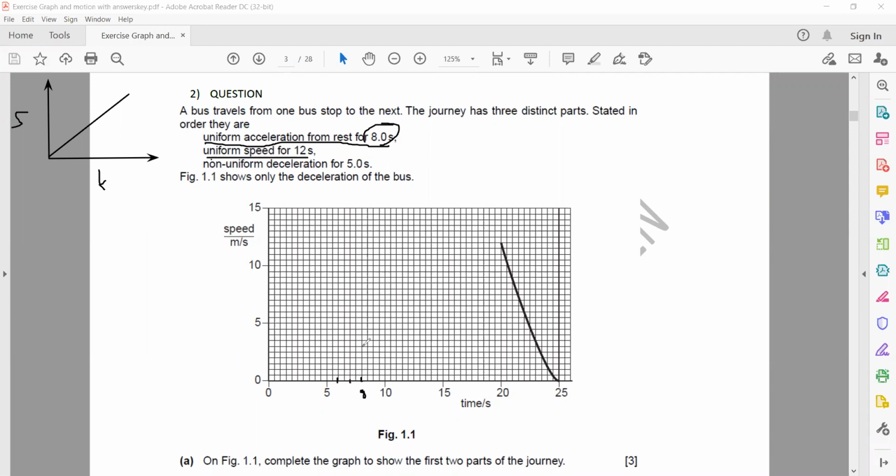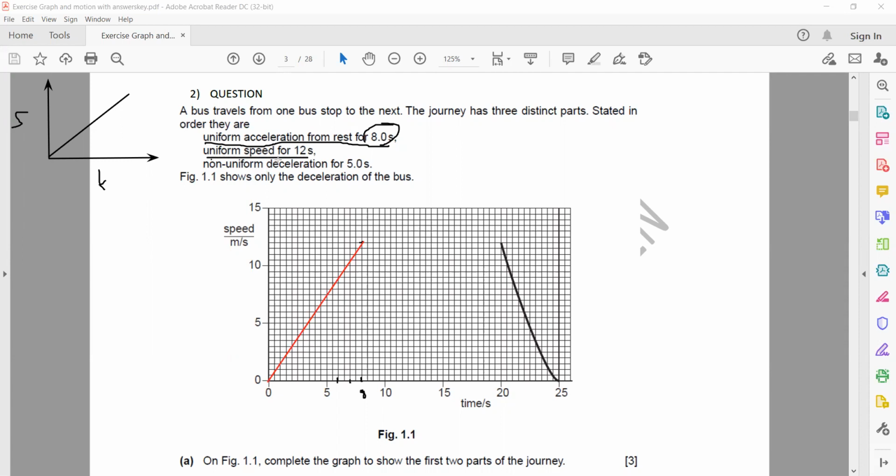So for 8 seconds it moves with a constant acceleration, and they mention it starts from rest. If something starts from rest, its initial speed should be 0. So it starts with 0 and moves with a constant acceleration.